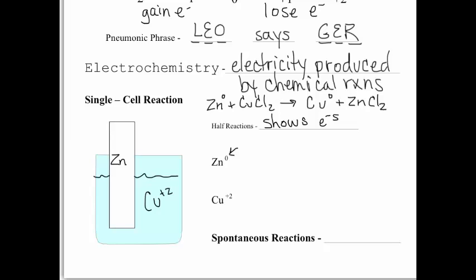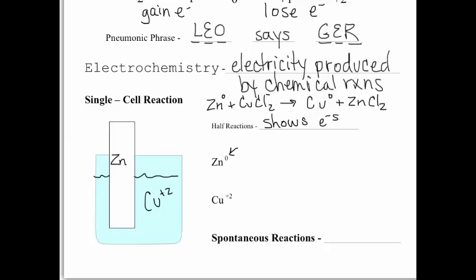So you go back to your full reaction, which I have up here, and you're going to actually assign the oxidation numbers to all of the elements. Now, copper has more than one positive oxidation number, so in the copper 2 chloride, we're going to have to figure out chlorine's oxidation number to determine copper's. So chlorine being the last element in this compound, it has to be negative.